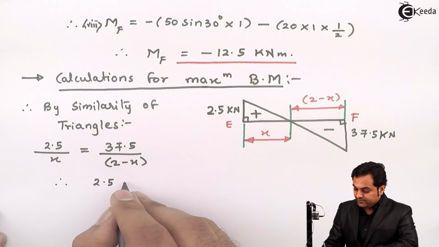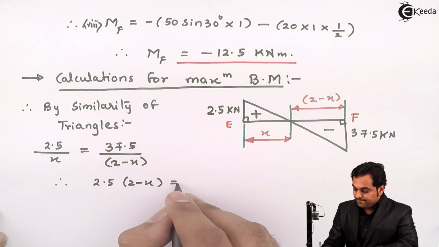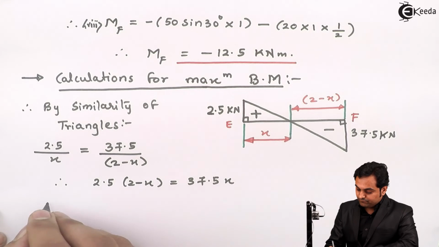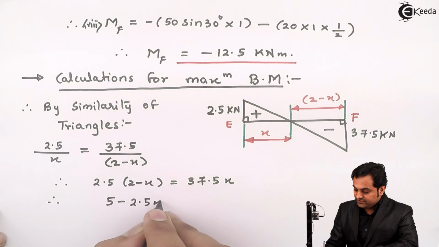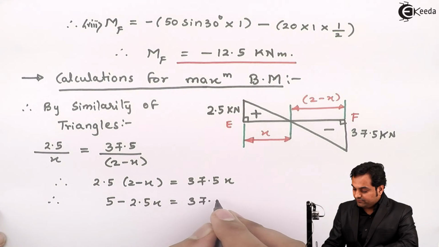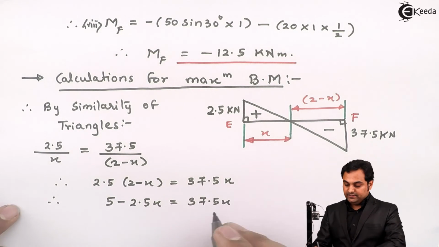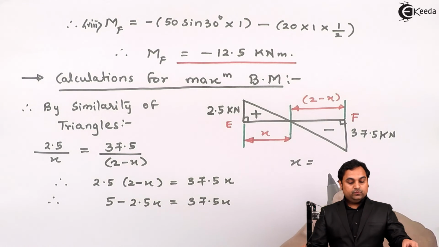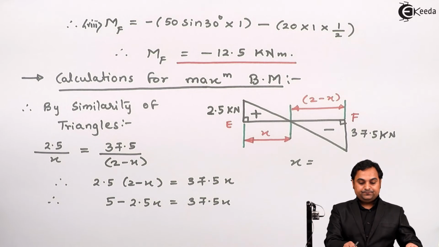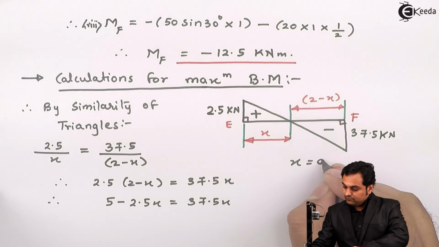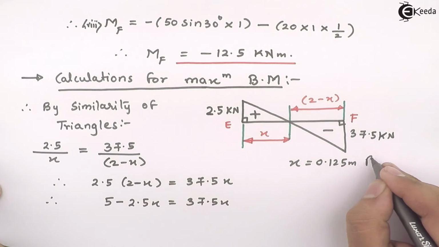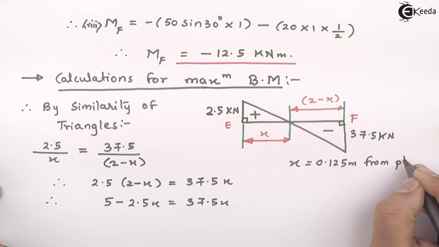This will be cross multiplied. 2.5 into 2, that becomes 5, minus 2.5x is equal to 37.5x. So on calculating this, I'll get the answer of x, which comes out to be 0.125 meter from point E.